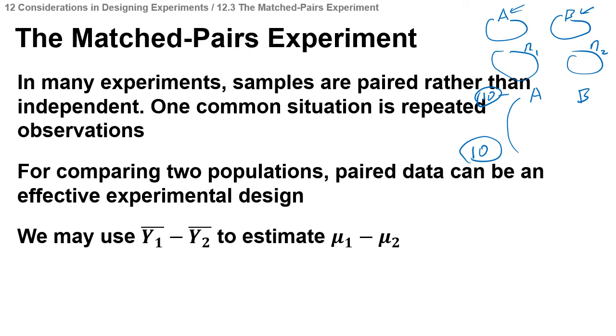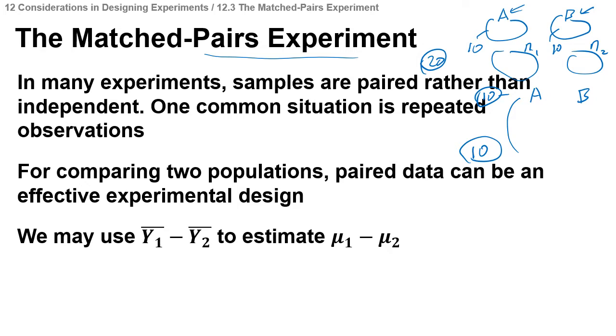However, if we use independent samples, we probably need 10 patients for treatment A and another 10 patients for treatment B. So we may need 20 patients. Because of the expense, the design of a paired experiment has benefits.